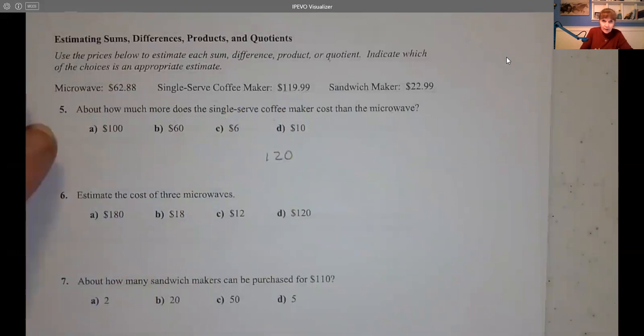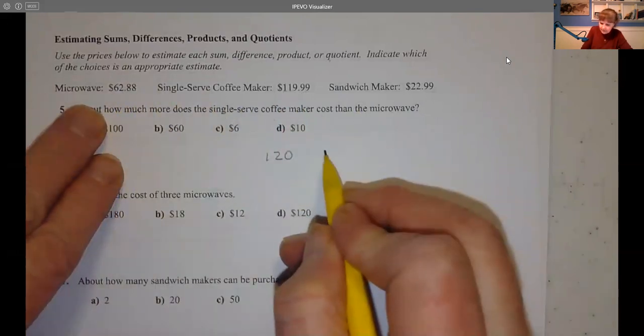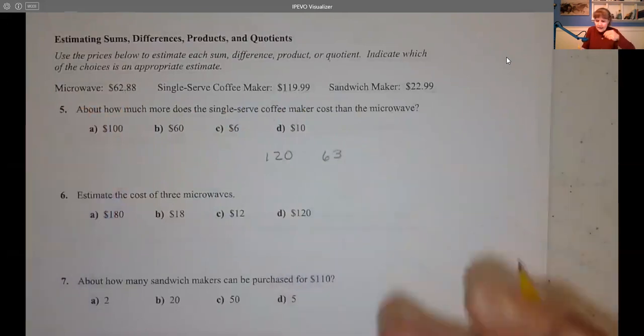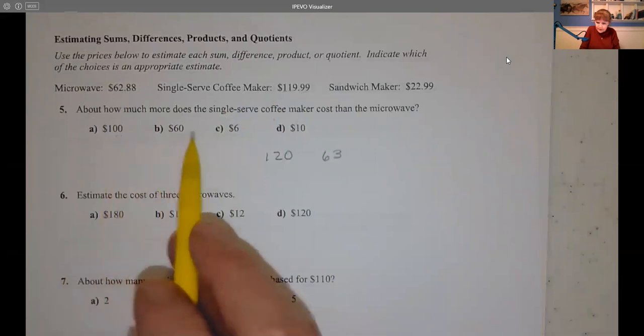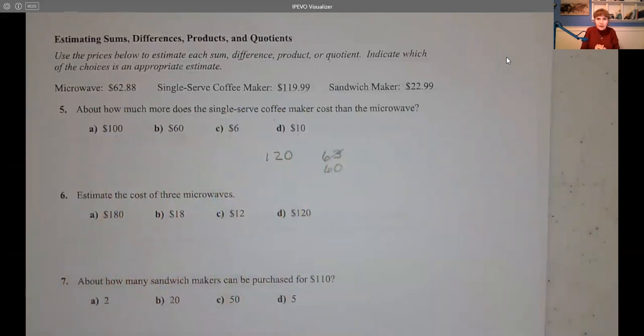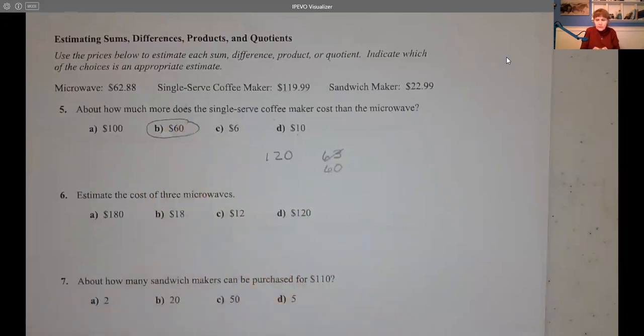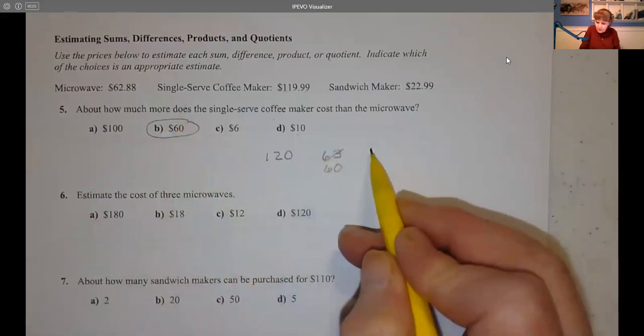Then the microwave, and I'll probably round that off to about 63, or you could even say 60 if you wanted to. And for our choices, it looks like we'll have to call that $60 rather than 63. So it's about $60 more if you were to subtract those two.